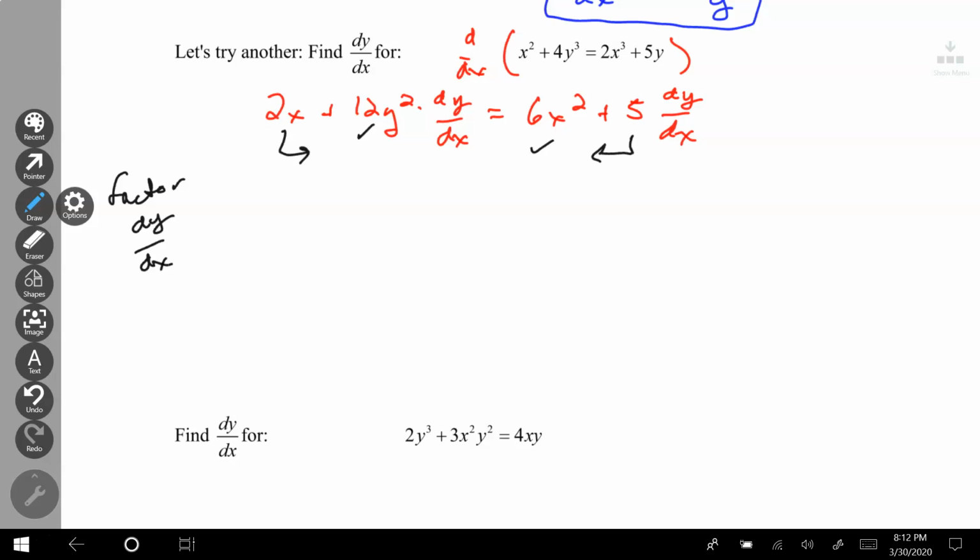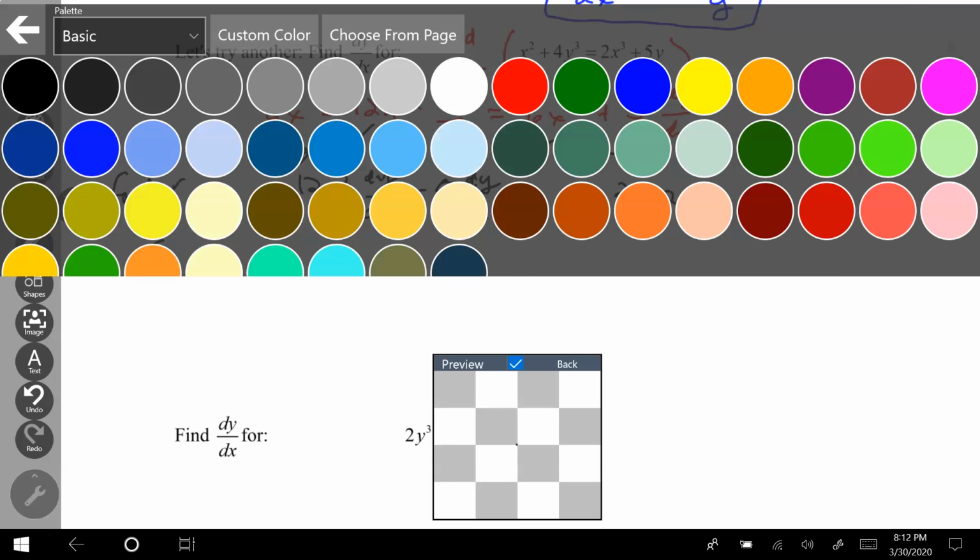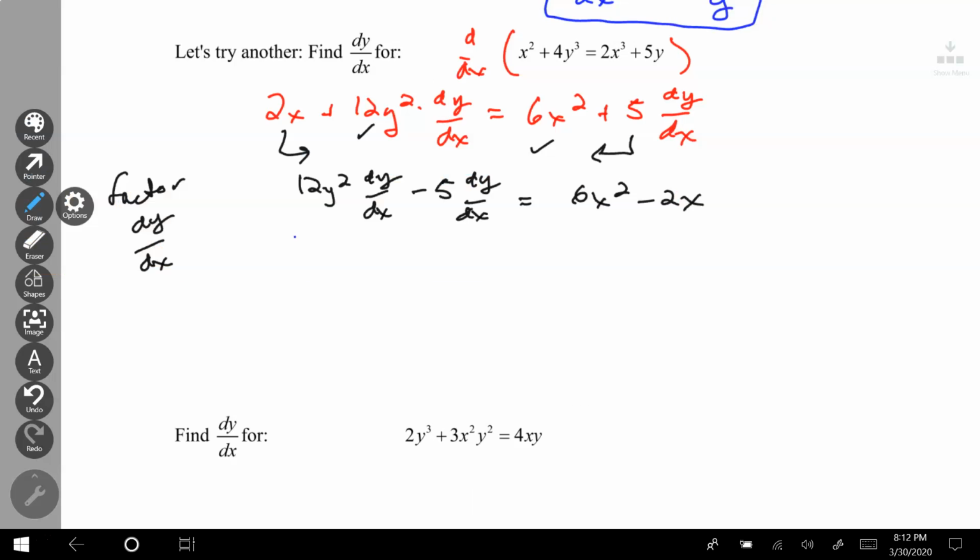So when I do all that, I get 12y squared dy over dx minus 5 dy over dx is equal to 6x squared minus 2x. And when I factor out the dy over dx, change to blue, I get dy over dx times 12y squared minus 5 is equal to 6x squared minus 2x.